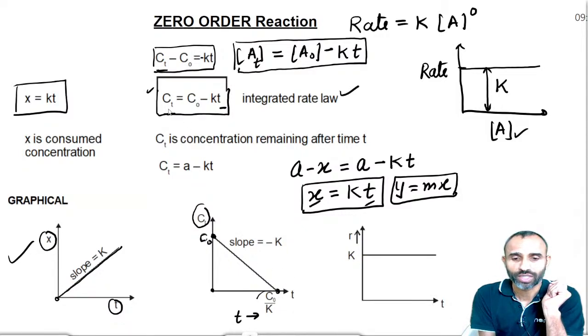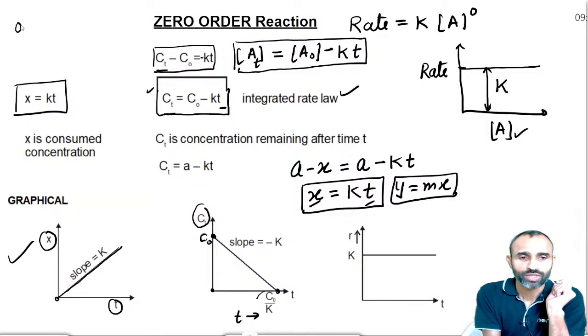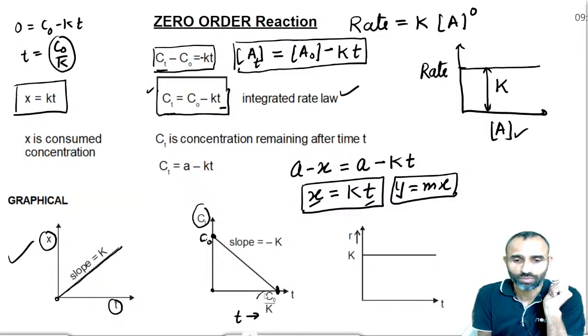When Ct is 0, time is equal to C naught by K. That's why this is C naught by K. The graph touches the time axis at C naught by K and the concentration axis at C naught.